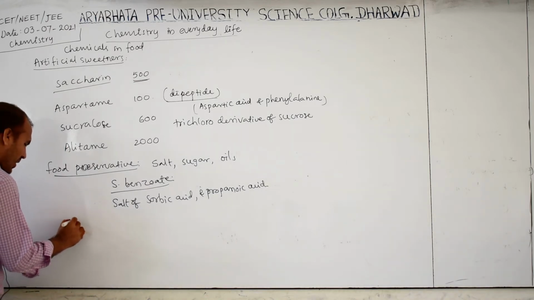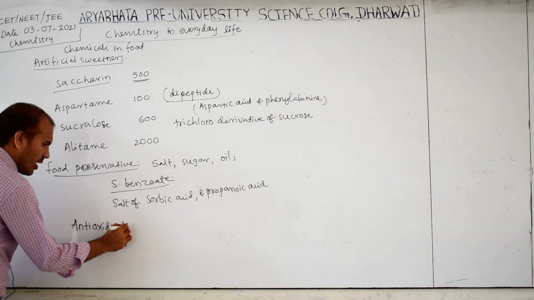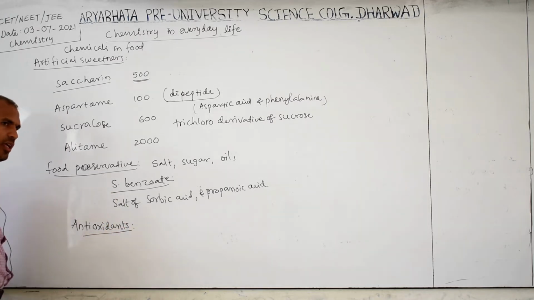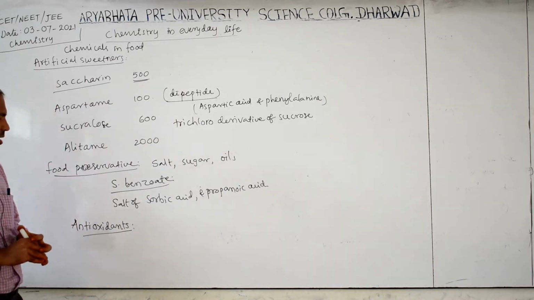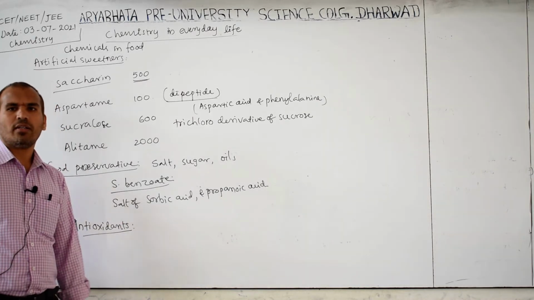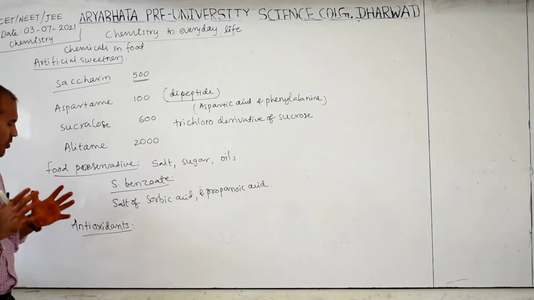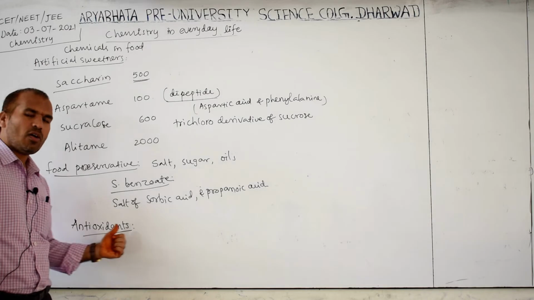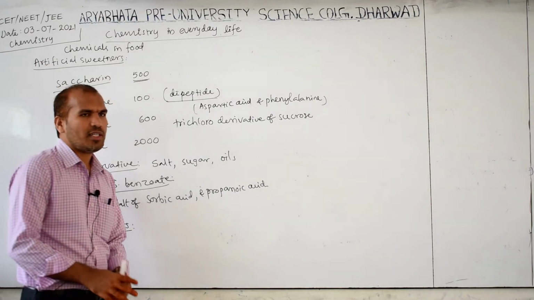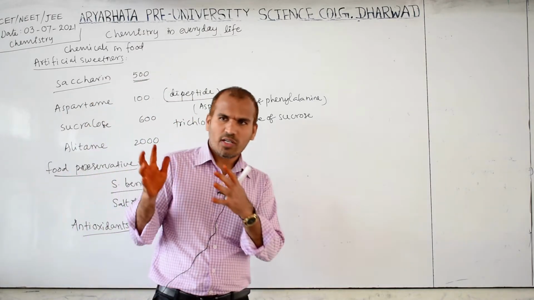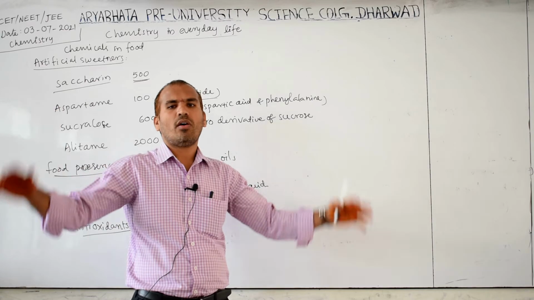Next, antioxidants. Antioxidants are very important for food preservation, because oxygen reacts with the food and then the food will be spoiled. So to avoid spoilage of food, we have to use antioxidants. You may know that in your villages, whatever crop comes from your field is stored in large containers.